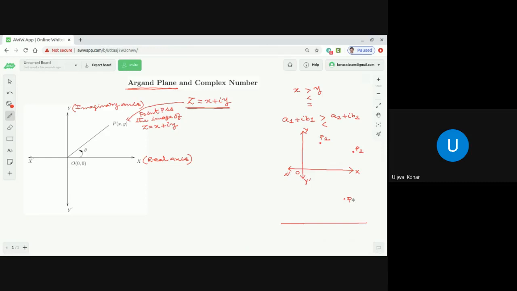Now that information is not sufficient. You know why? Because if I define that straight line as OX, on that straight line there are many points which are at a distance of beta units from OX. So suppose there is a point P here, Q here, point R here.